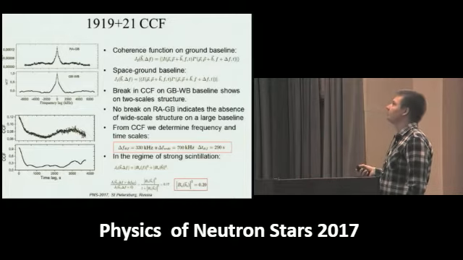We determine the cross-correlation function for ground and space-ground baselines in different ways, because we have poor interferometric phase on the ground baseline due to ionospheric effects, but good signal-to-noise ratio on the ground baseline. On the space-ground baseline we have good phase but poor signal-to-noise ratio.